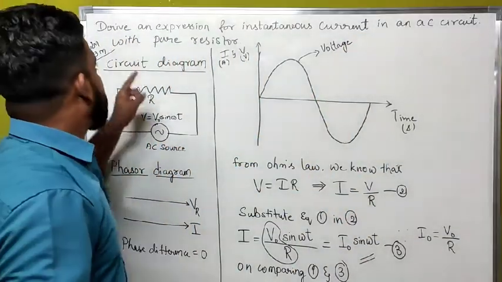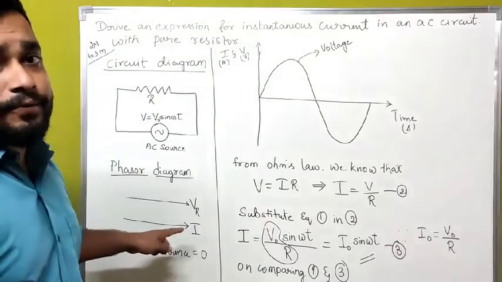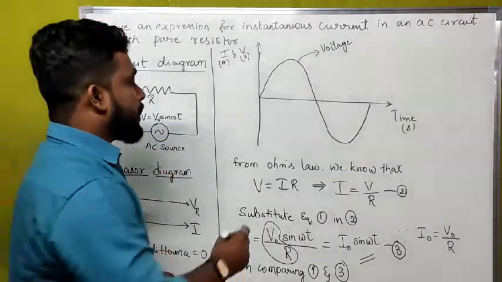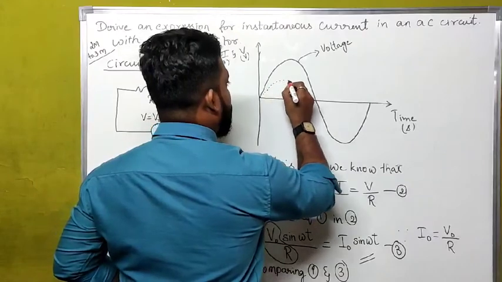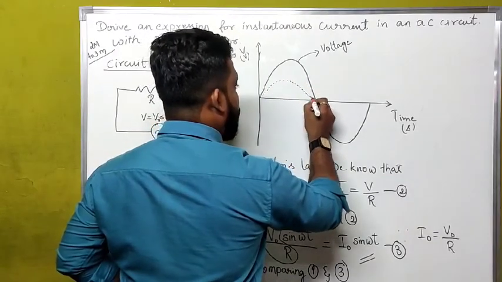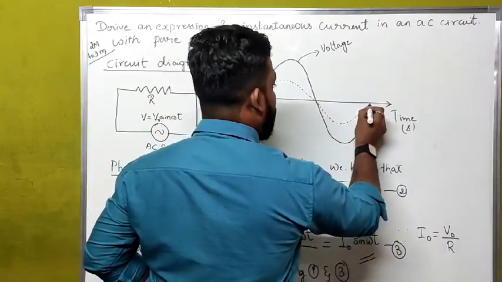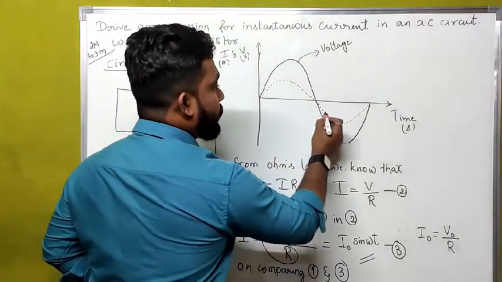What I have said is both voltage and current are in phase. The phase difference between voltage and current should be equal to 0. So for that, I have drawn a dotted waveform.